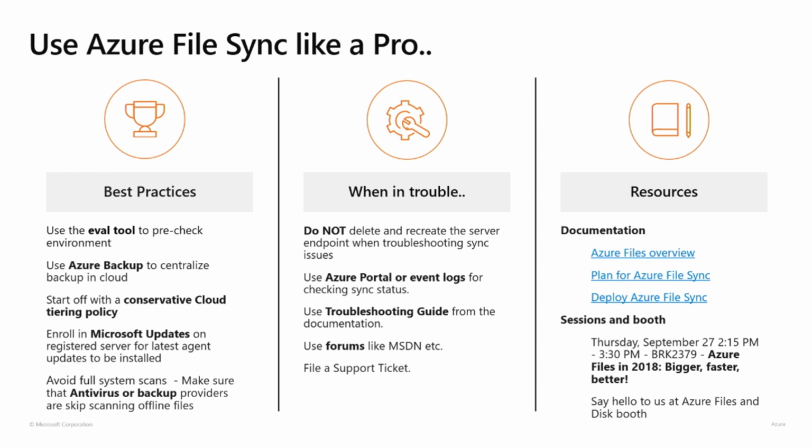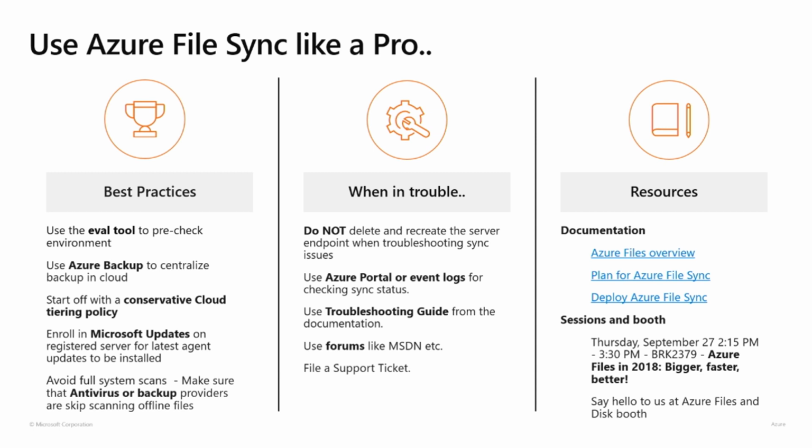So we keep adding more and more updates into our sync agent. You want to make sure you take advantage of all those new updates. And if you just turn on Microsoft Update, you will get the latest and the greatest agent as soon as it's available. So make sure your Microsoft Update is turned on.